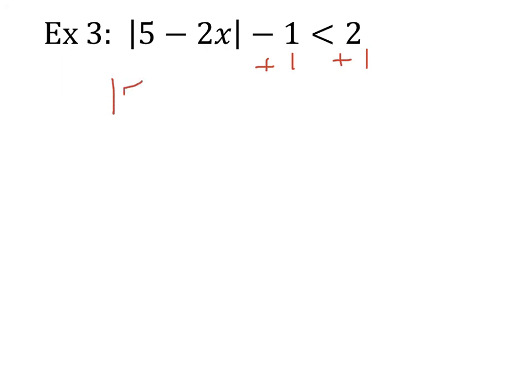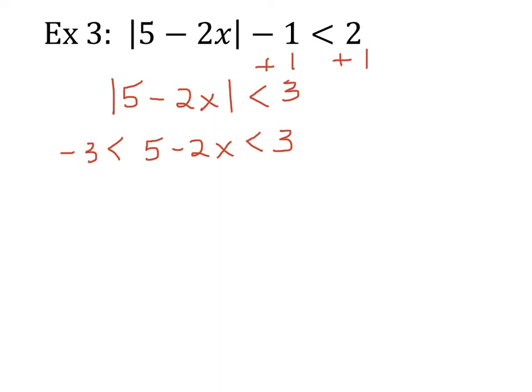Okay, so we have 5 minus 2x, absolute value, less than 3. All right, so if you remember, we're going to sandwich 5 minus 2x between negative 3 and positive 3.